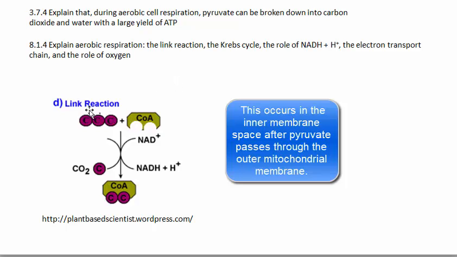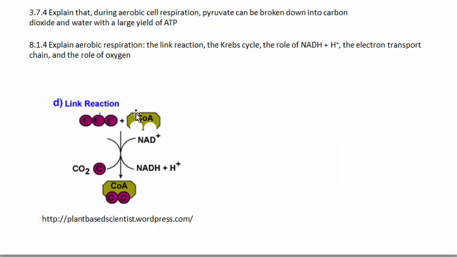So, the link reaction. In the link reaction, you're adding coenzyme A to your pyruvate molecule. But first, you're going to oxidize, which means remove a carbon and add oxygen to it.